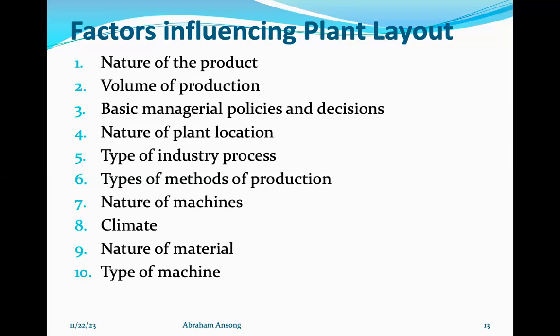Volume of production and standardization of the product also affect the type of layout. If standardized commodities are to be manufactured on a large scale, line type of layout may be adopted. So if you're dealing with standardized products to be produced on a large scale, then you can use the line type of layout.